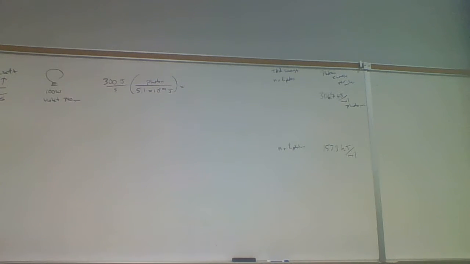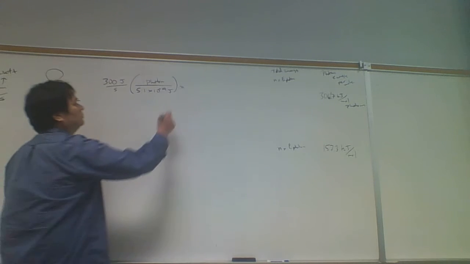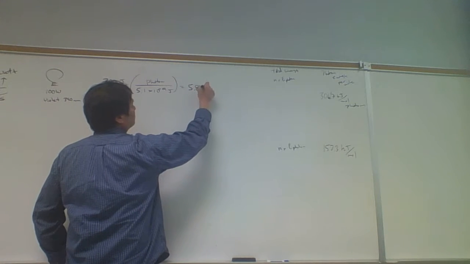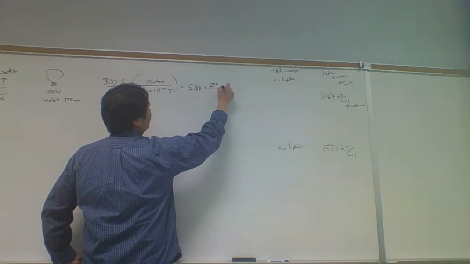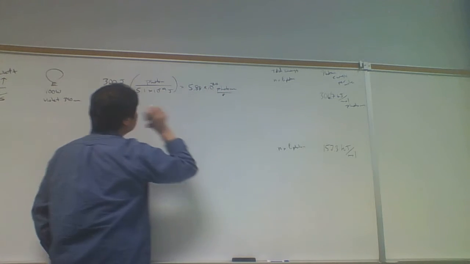And so if I have 300 joules per second of violet light at 390, how many photons per second is that? Times 10 to the 20 photons per second.